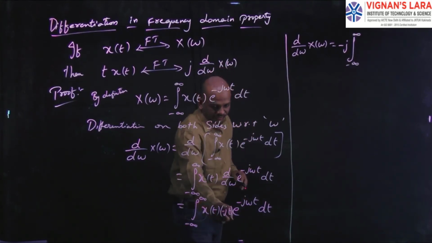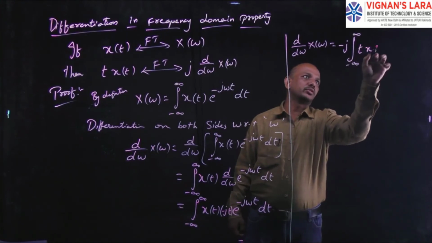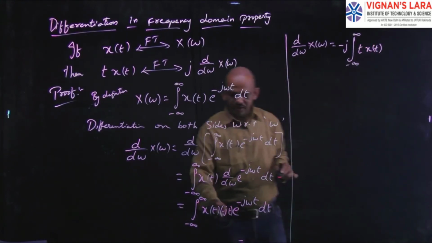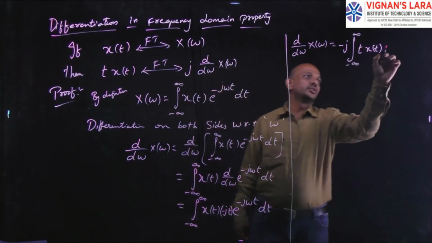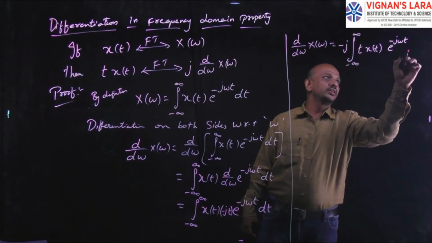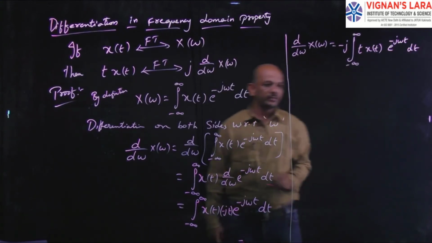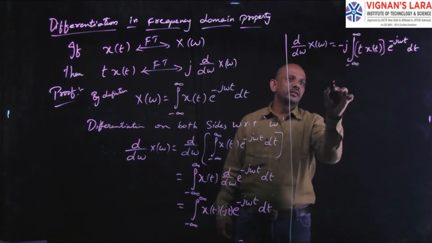So here I have left, I am writing t before x of t, that is t into x of t into e power minus j omega t dt. Okay, see, consider this as a separate one.